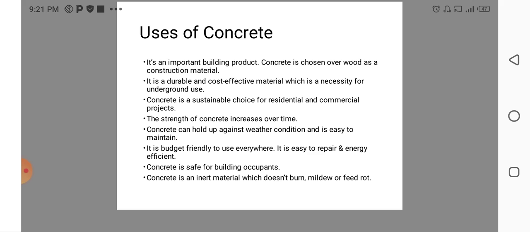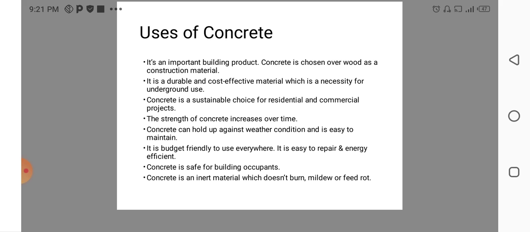So the strength of concrete increases over time. Concrete can hold up against weathering conditions and is easy to maintain. It is budget friendly, so various concrete structures can be built anywhere.